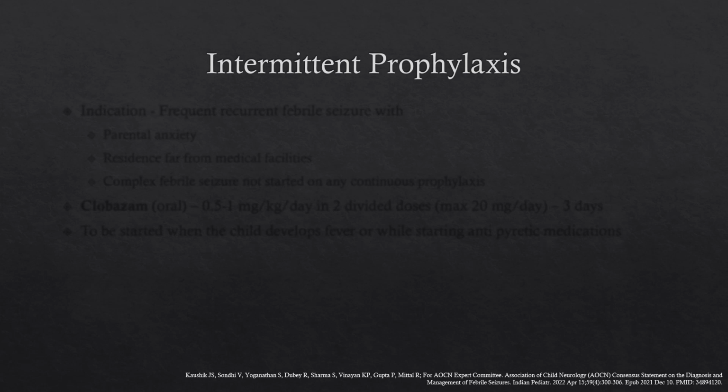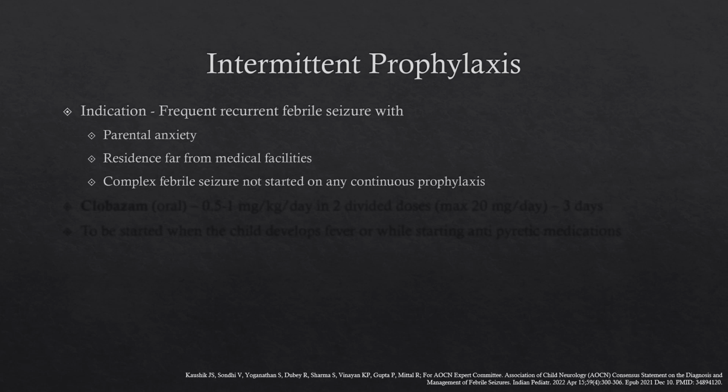So coming to intermittent prophylaxis. Intermittent prophylaxis means medication given intermittently, not continuously, so that the seizure will not happen. First we need to understand the indications of giving intermittent prophylaxis.